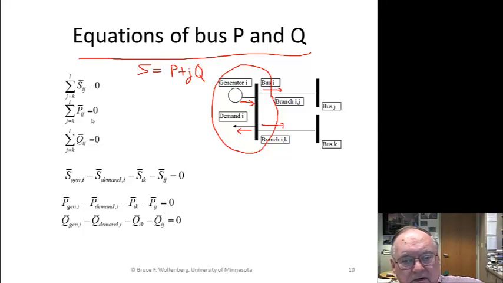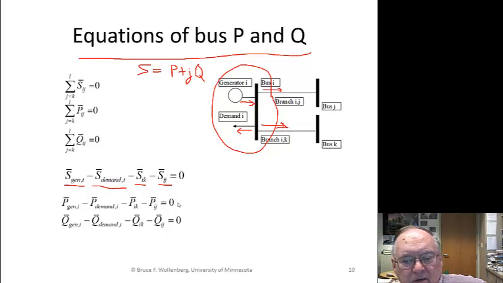It can be translated into the sum of all the P. So the sum of all the real power going in and out of a node is 0. The sum of all the reactive power is 0. So here we can say, if that's the case, then the generation at bus I minus the demand, that's this down here, minus S_IK, that's this flow down here, minus S_IJ, which is the top flow, is equal to 0.